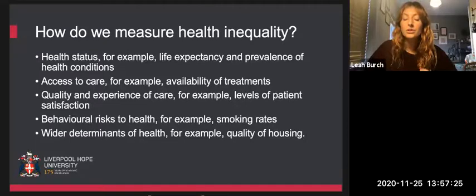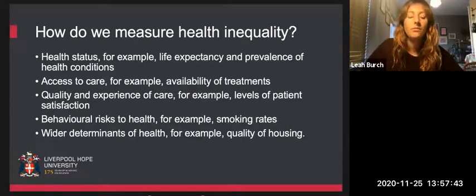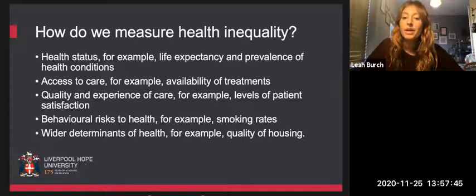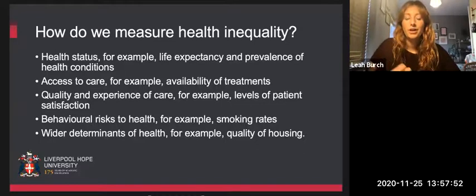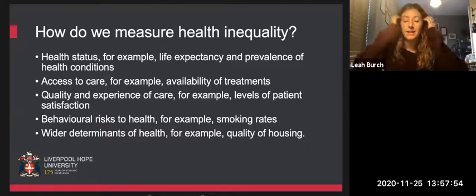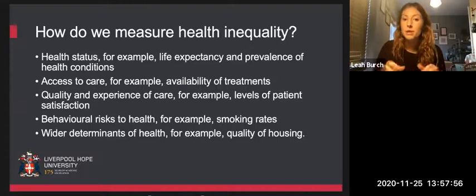So again, not just problematising certain groups of people for choosing to smoke, for example, or choosing not to eat healthily, but looking at the underlying socioeconomic conditions that actually might predetermine the way that those decisions play out. And then finally, we can look at wider determinants of health. So quality of housing, for example, and again, how quality of housing is distributed amongst the population.